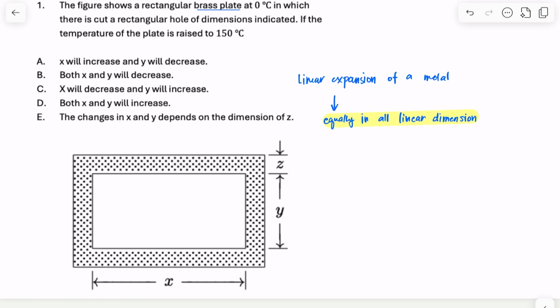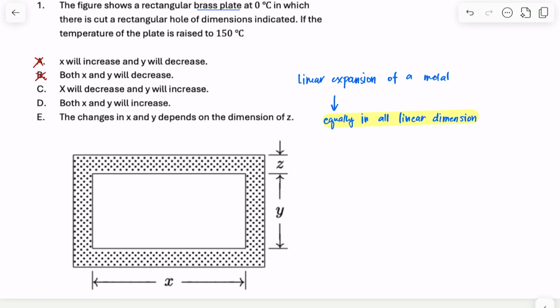If you're going to check your choices, choice number one says that the dimension x will increase but the dimension y will decrease, which is clearly a violation of this statement. Therefore, that cannot be the answer. Both x and y will decrease: that might be correct if the temperature goes lower than 0, but clearly that's not the case. This is not a contraction but an expansion.